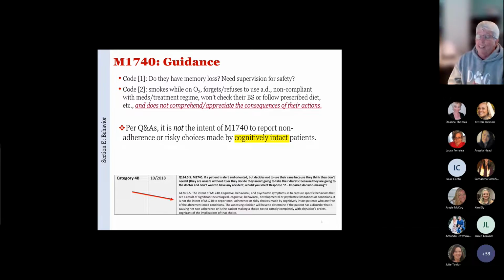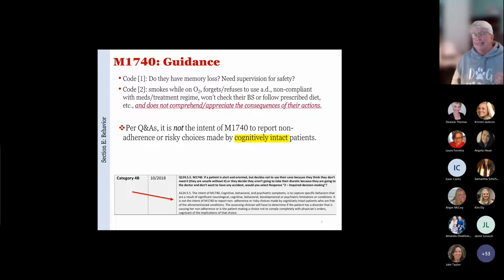You're like, no, we've talked about this. And they just put a big grin on their face with their orange fingers, right? This is that person only if they do not comprehend or appreciate the consequences of their actions. Are you aware that if you do this, this is going to happen? And they just look at you, deer in the headlights, not a clue, right? They don't appreciate or comprehend the consequences.